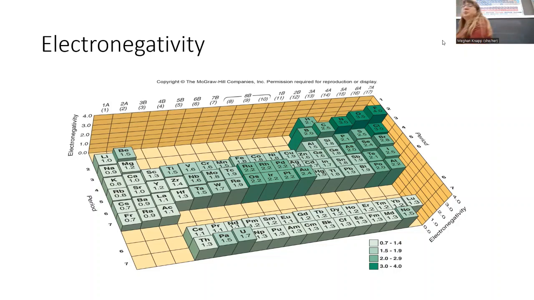But beryllium is quite a bit higher than most of the other metals in that group. Most of them are 1 or less. So if you have something in the S block with a non-metal, it's pretty much always going to be ionic.